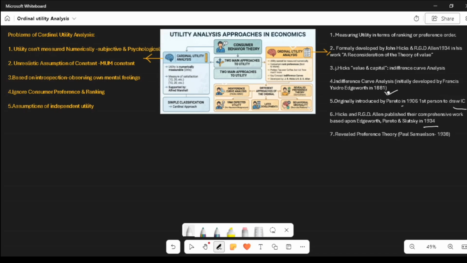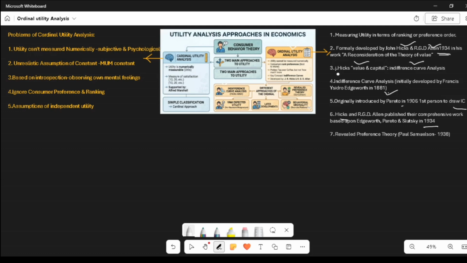Edgeworth developed it in 1881, and later in 1906 drew the indifference curve. While talking about the formal development of ordinal utility analysis, it was basically developed by J. R. Hicks and R. G. D. Allen in 1934 in their joint published work, A Reconsideration of the Theory of Value.